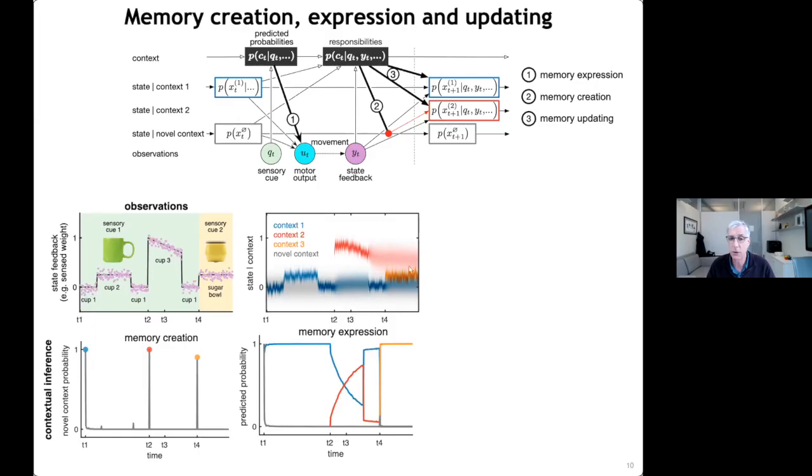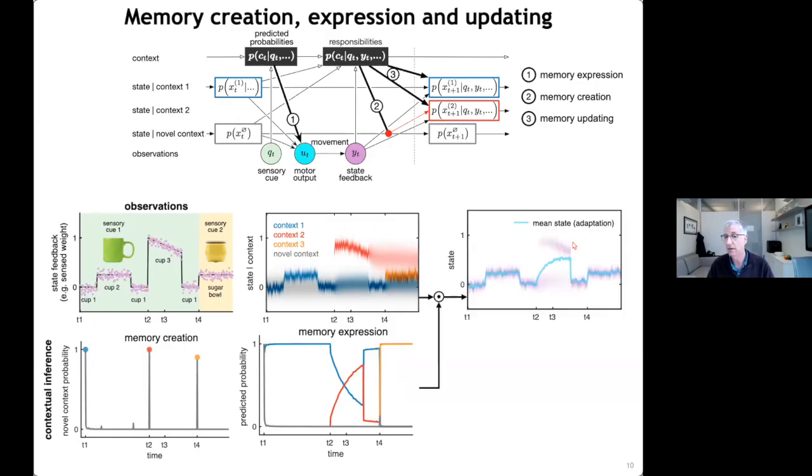If we multiply each context by its predicted probability, we get the motor output, shown as the full posterior in the mauve, and we take the mean of that as the motor output. If we were running an experiment, the thing we would measure from a participant is this blue line here, showing that it does a reasonably good job of tracking the behavior and the weight of the cup.